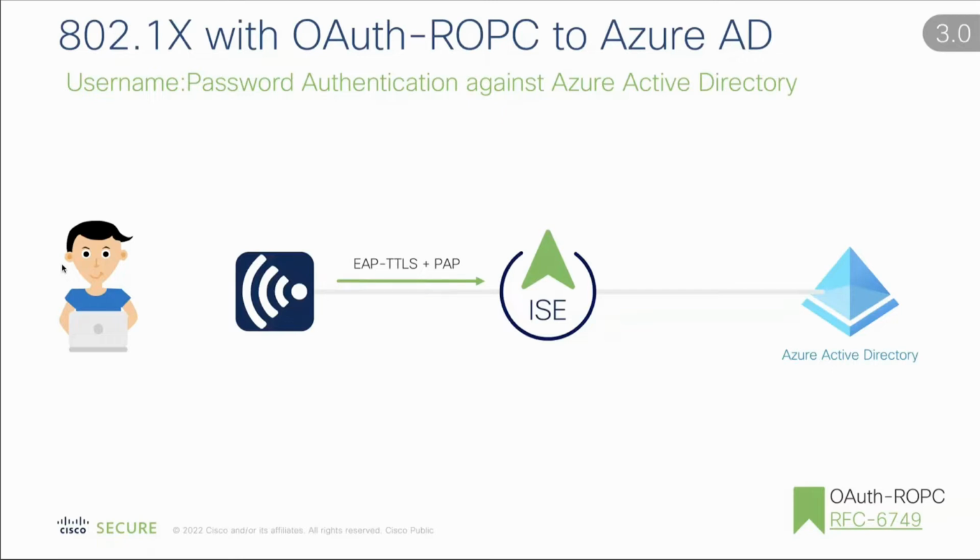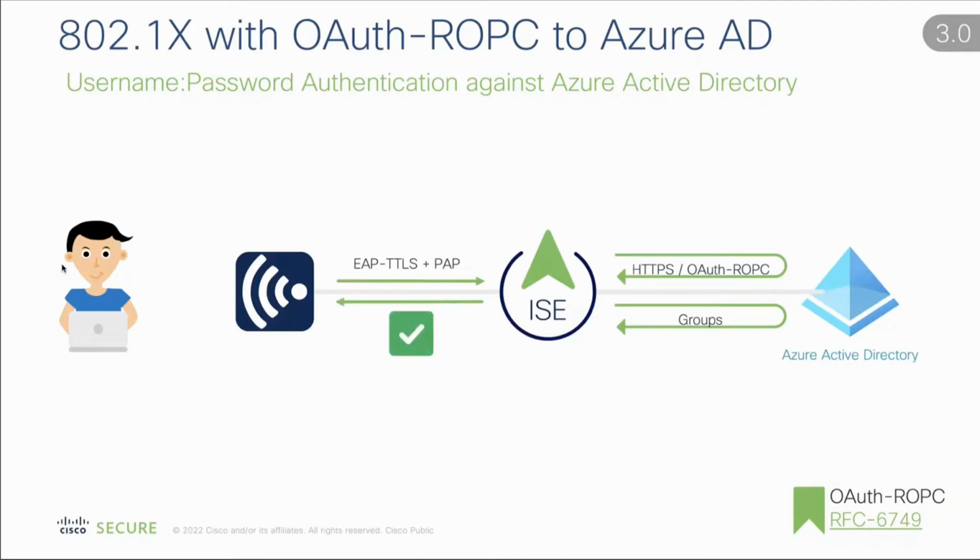We're sending your username and password unencrypted in an EAP-TLS tunnel over to ISE. ISE is then going to proxy your unencrypted username and password over to Azure Active Directory to do the authentication. Then, if that authenticates properly, ISE can then do a check on what groups you are a member of and apply that to our authorization rules and get you authorized to the network based on your group membership.